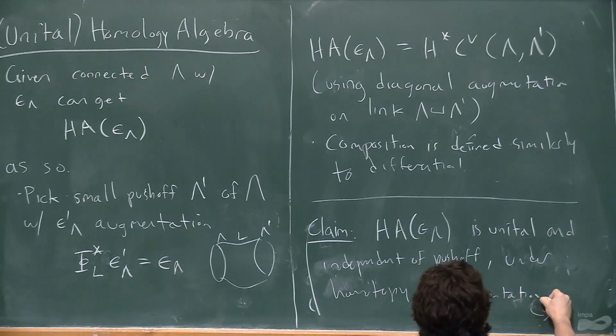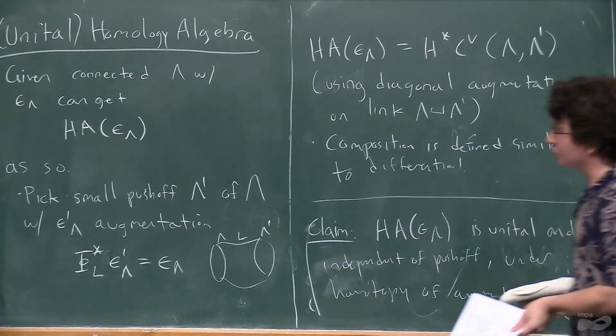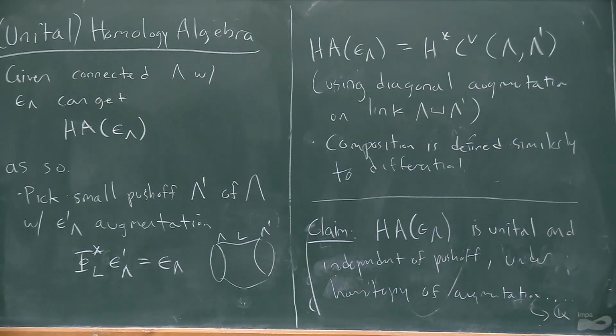So basically this algebra is invariant under alterations of these choices in the way that you would want. Okay, and so the invariance part follows.